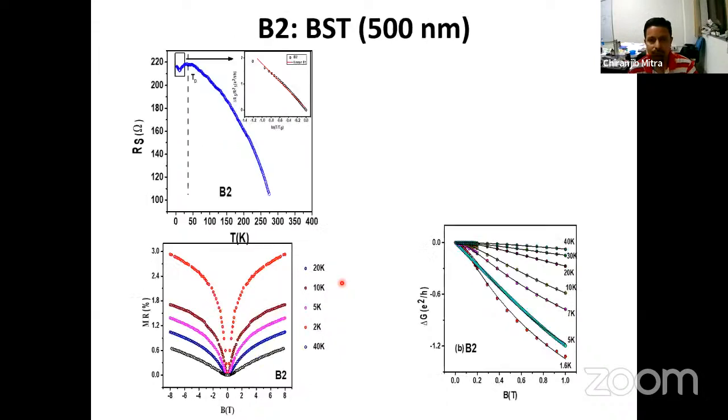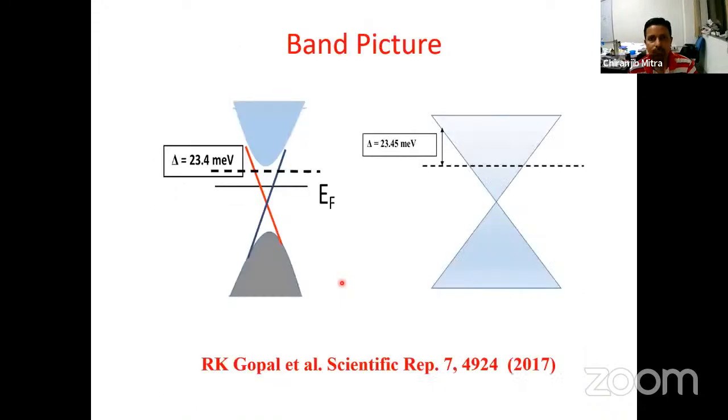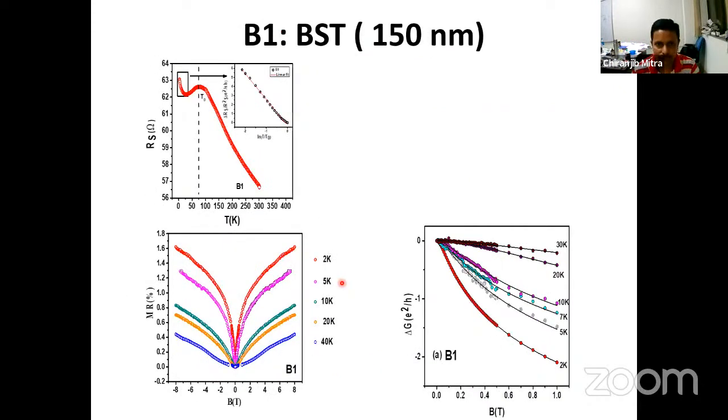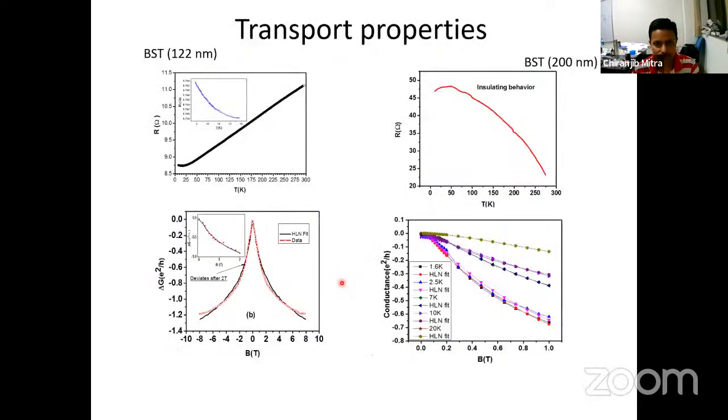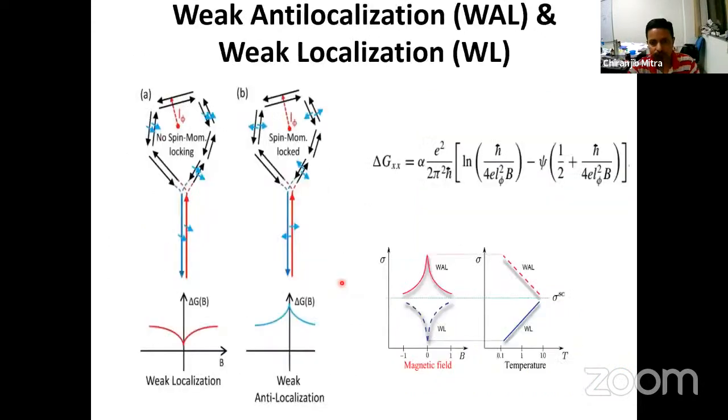So what is alpha? Alpha is actually the number of independent channels. I forgot to emphasize one thing: this behavior is, strictly speaking, 2D weak anti-localization.